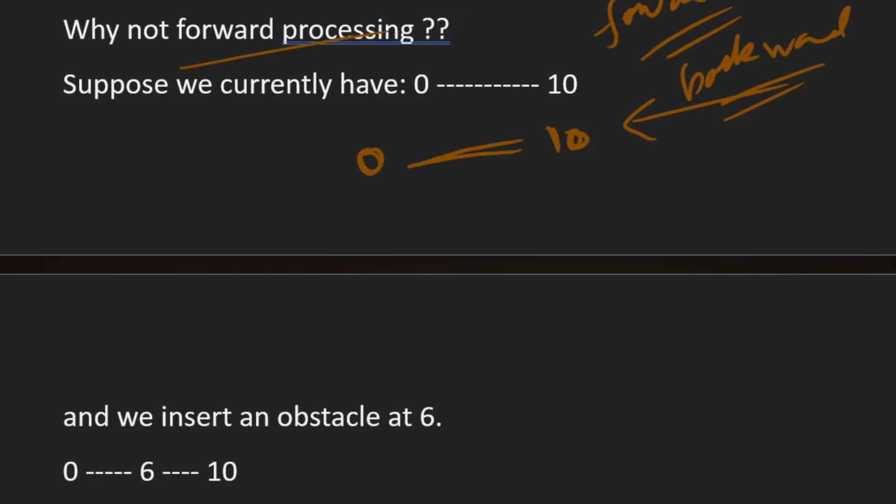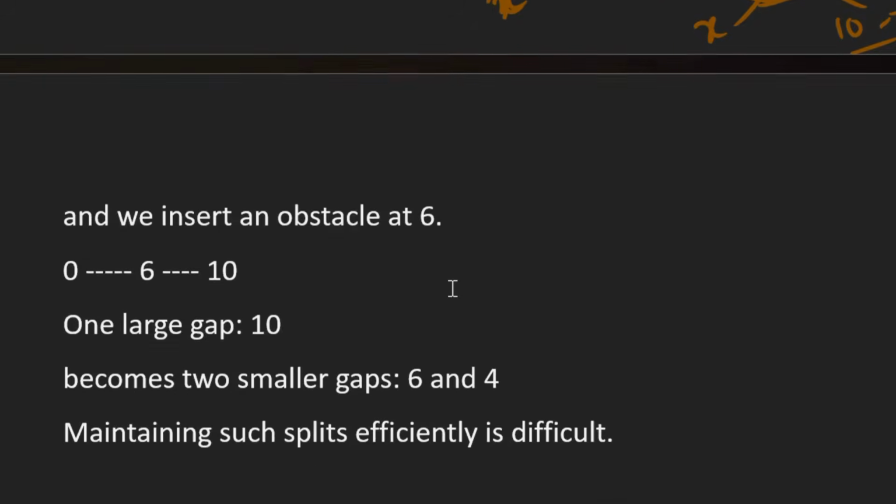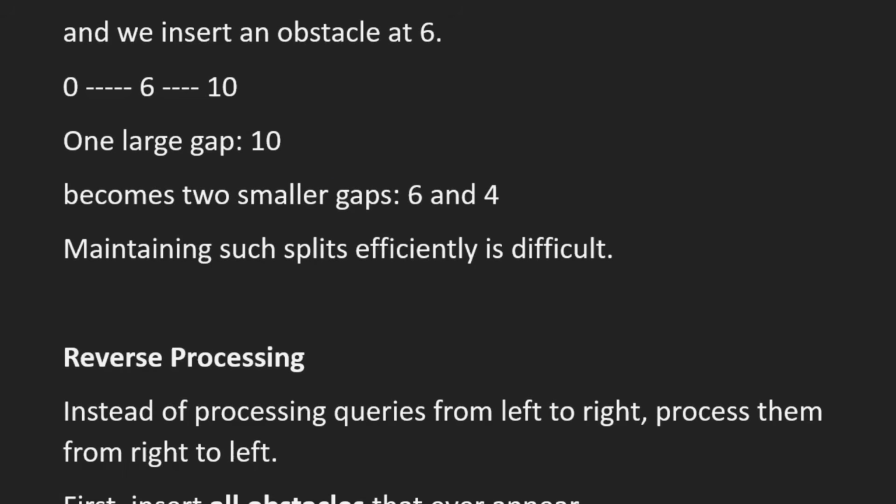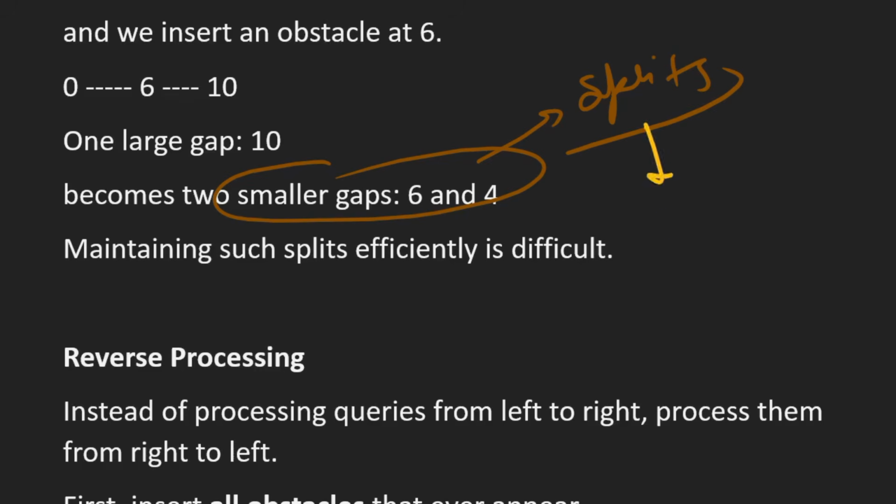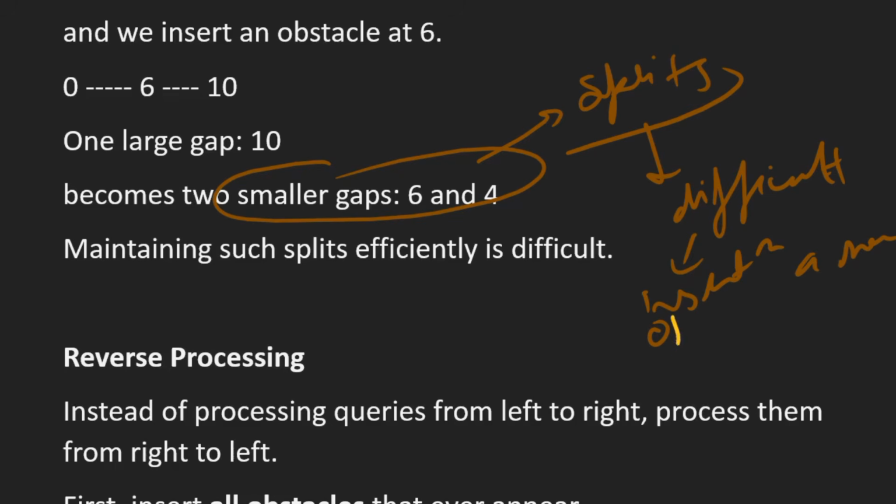When we insert some obstacle at point x, our earlier gap of 10 needs to be divided into two parts, x and 10 minus x. Maintaining such splits is difficult for us. Inserting a new obstacle is difficult for us.